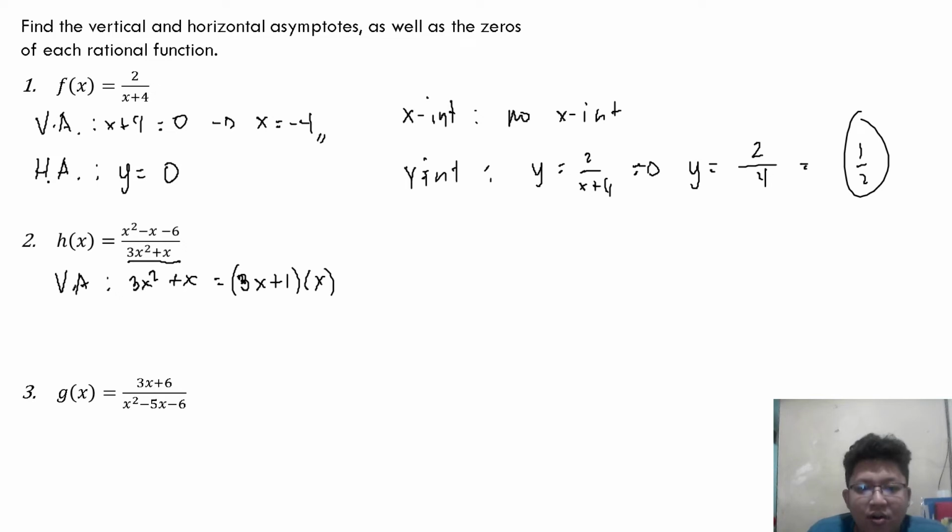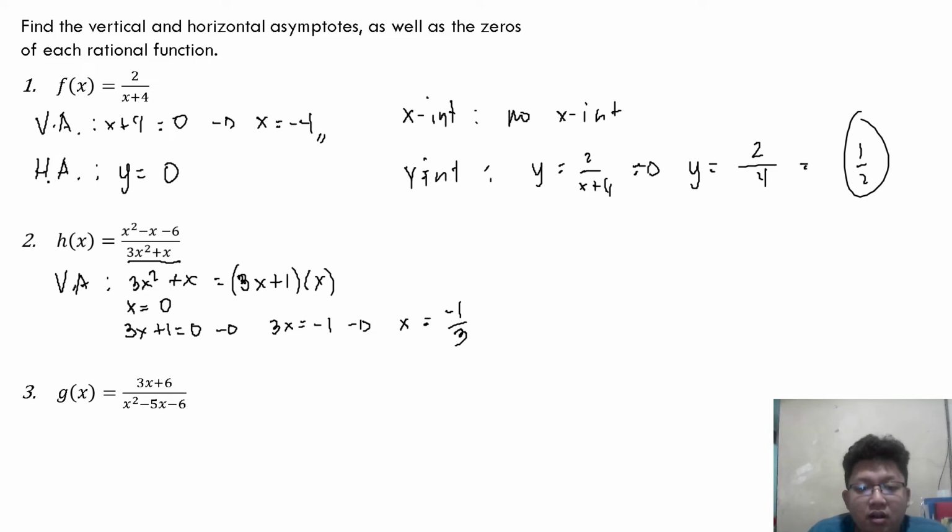Now, we can equate this to 0 and find the value of x. So, for x, we have 0. For 3x plus 1 equals 0, so equate natin siya. So, 3x equals negative 1, x equals negative 1 over 3.